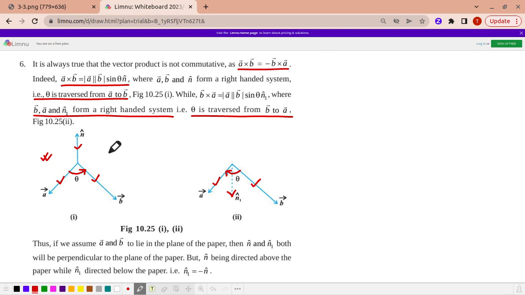N vector is directed above the paper, and n1 vector is directed below the paper. As both are unit vectors, one is directed perpendicular to the plane upward, and n1 is also perpendicular to the same plane, but the direction is downward. Obviously, n1 vector should be equal to minus of n vector.